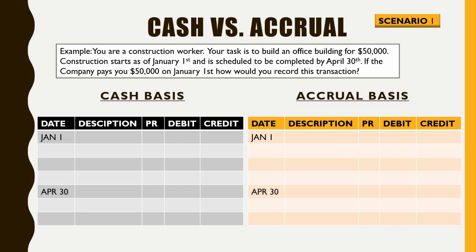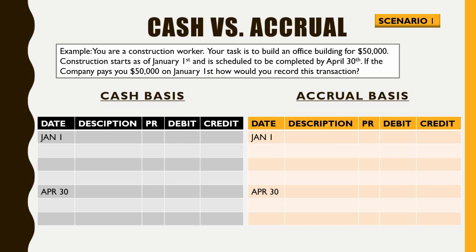The construction is going to start on January 1st and is scheduled to be completed by April 30th, so you have 4 months to build the building. If the company decides to pay you $50,000 on January 1st, how would you record this transaction?